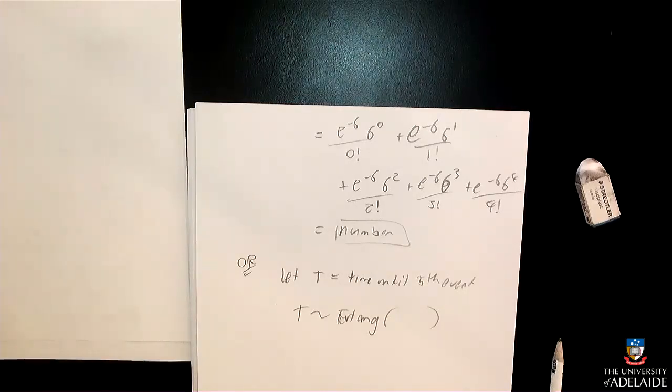Chi-squared, Erlang. I'm looking for a box. Koshi. Here it is.